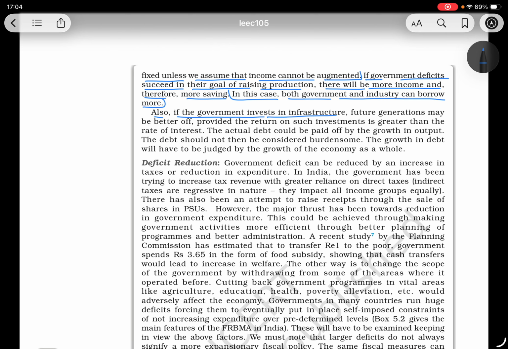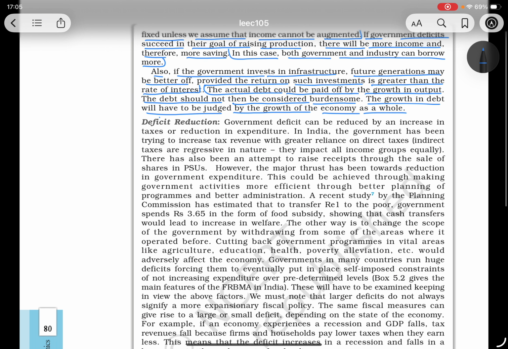Also, if the government invested in infrastructure, future generations may be better off, provided the return on such investments is greater than the rate of interest. The actual debt could be paid off by the growth in output. The debt should not then be considered burdensome. The growth in debt will have to be judged by the growth of the economy as a whole.